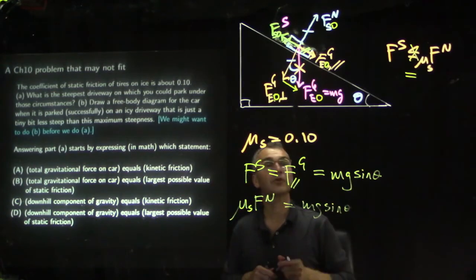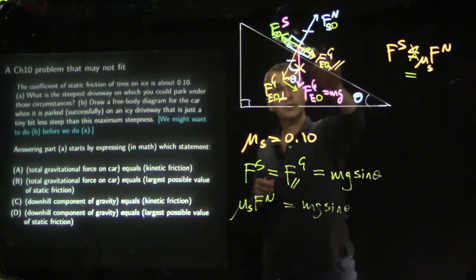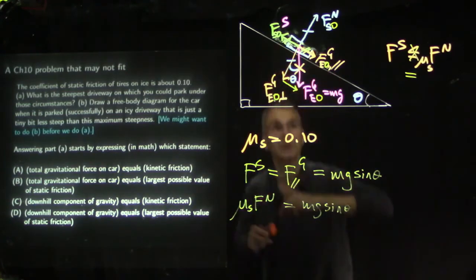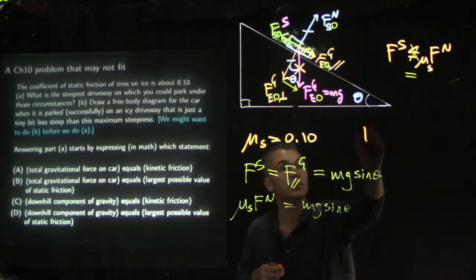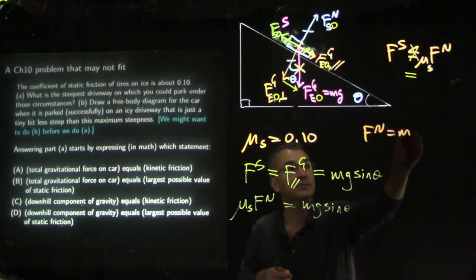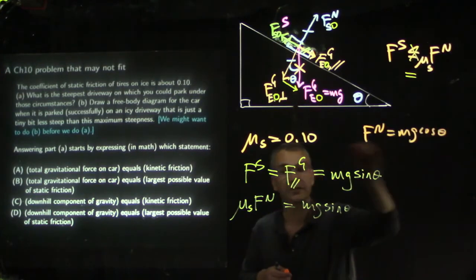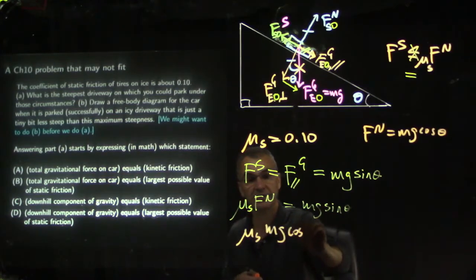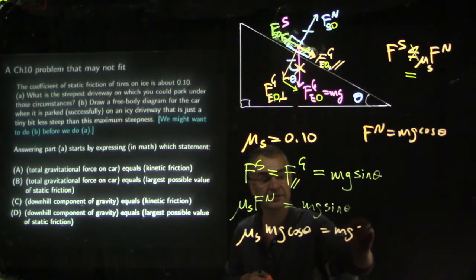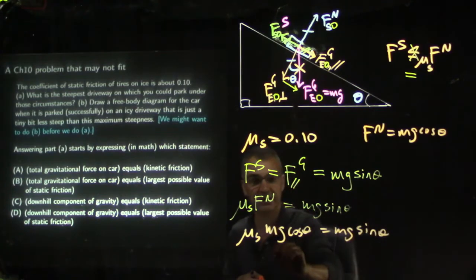What's the normal force? Well, we're not accelerating in this direction either, so the normal force must balance the into-the-plane, perpendicular component of gravity, which we argued earlier was mg cosine theta. So this F normal is mg cosine theta. So we have mu static mg cosine theta equals mg sine theta. This is the result we just got a minute ago.